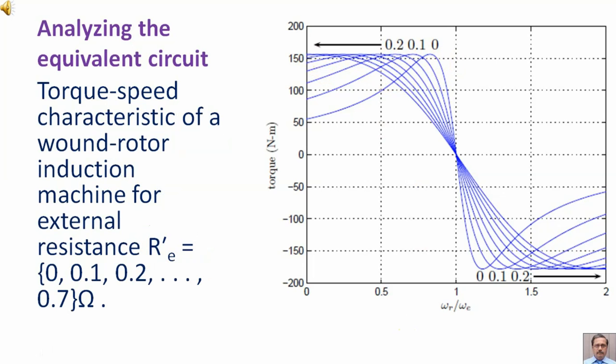Torque speed characteristic of a wound rotor induction machine for external resistance R'_E equal to 0, 0.1, 0.2 to 0.7 ohm, etc.